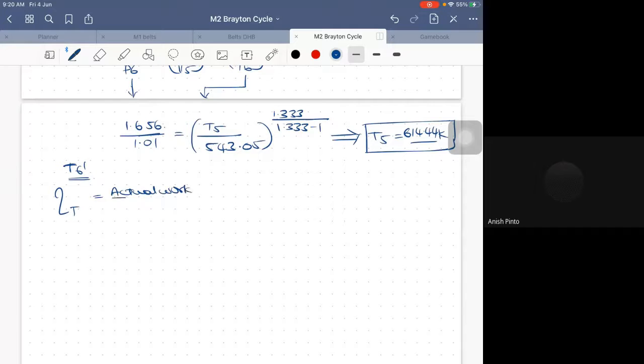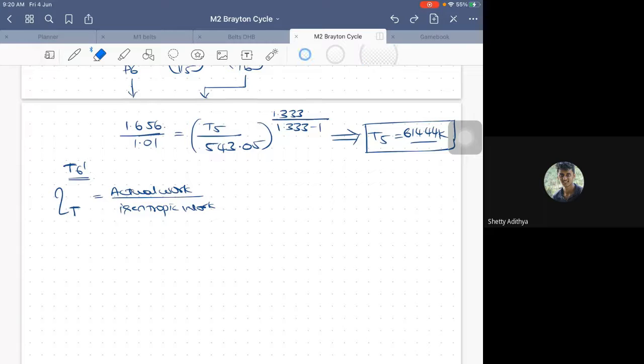So this particular turbine is which turbine? Whether it is high pressure turbine or low pressure turbine. It is a low pressure turbine.